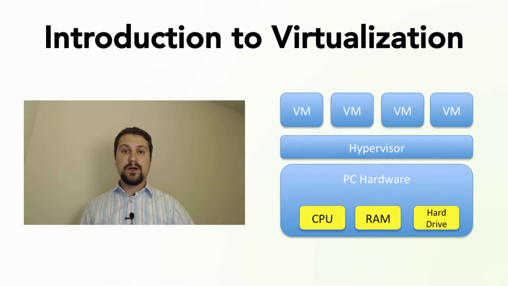Well, the hypervisor will carve out a gig of the physical RAM and give it to that VM, and the hard drives in virtualization are just files. So you'll have a 20 gig file on the hard drive, and that's the virtual hard drive for this VM. The hypervisor does all of that doling out.